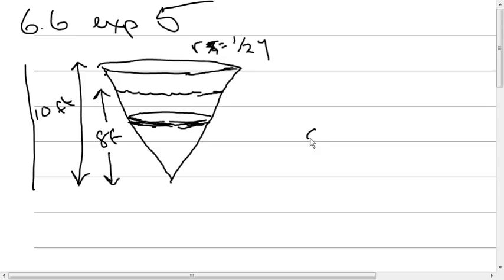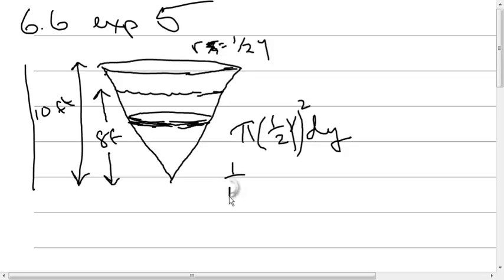Well, it would be dy times pi r squared, and this is 1/2 y squared, and 1/2 squared is 1/4, so we get 1/4 pi y squared dy, and the dy is our representation of this infinitesimally narrow thickness.